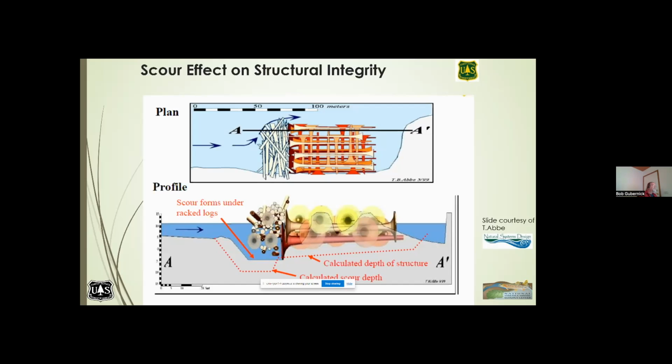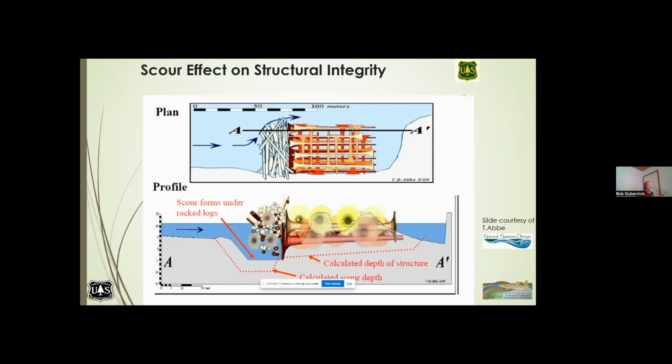If you have a lot of embedment and you scour underneath your wood, the sediment that's ballasting it can fall out underneath, and you could lose enough of your balance so that either drag force or buoyancy could cause your structure to lift and go away.